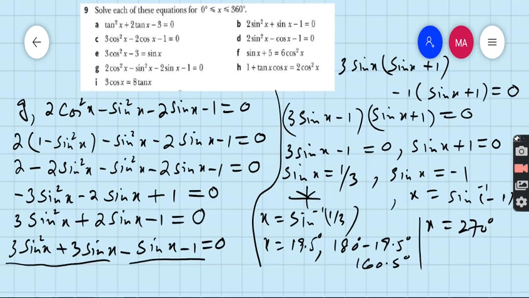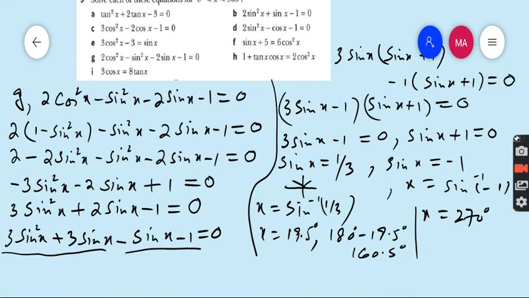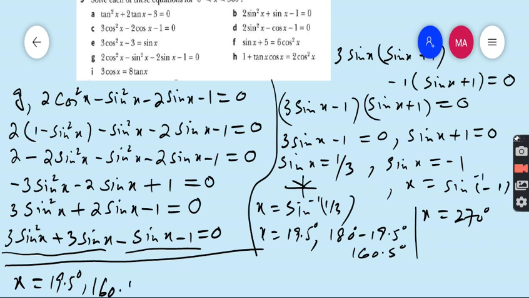Hence, our final answer is x is equal to the first angle 19.5, the second one is 160.5, the third one is 270. This is our final answer. So hope you completely understand part G.